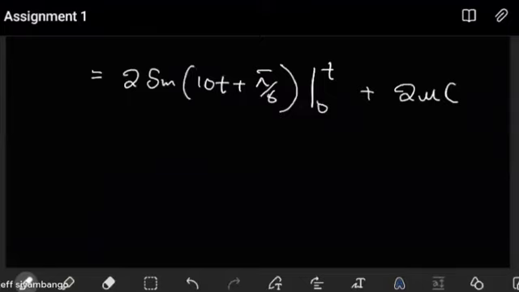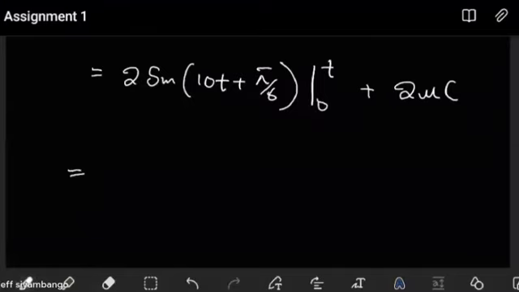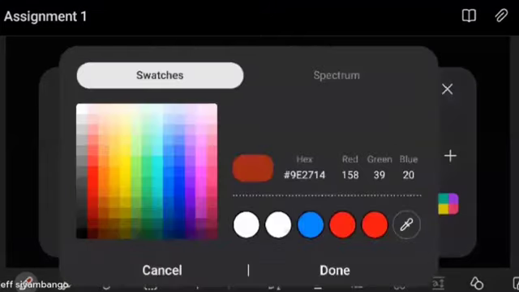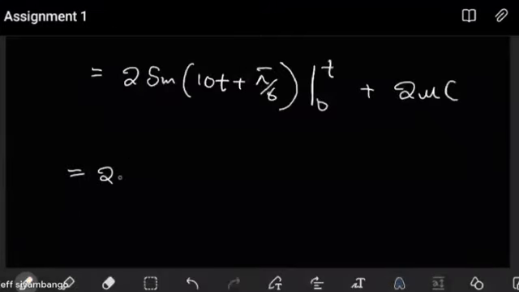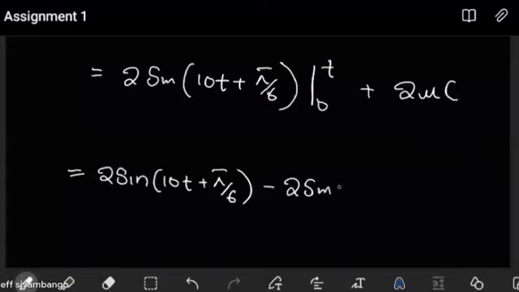When t is equal to t, this expression will remain the same. Now, what about when t is equal to 0? Let me just play around first when t is equal to 0 so that I see what I will have, because I know the first part will remain the same. It will be 2 sine 10t plus pi over 6. This is when t is equal to t. Then here I have to say minus 2 sine, now when t is equal to 0. When t is equal to 0, the first term here becomes a 0.